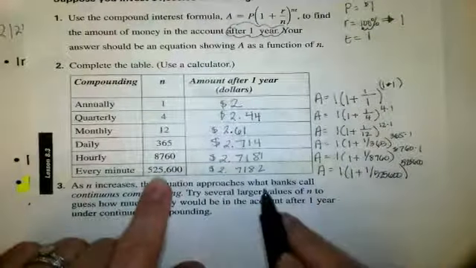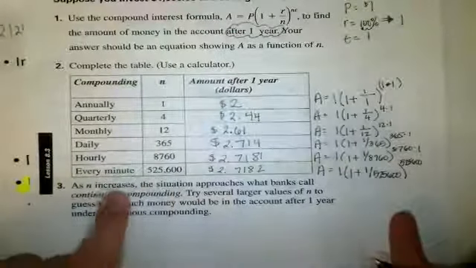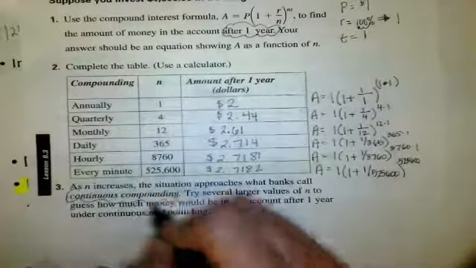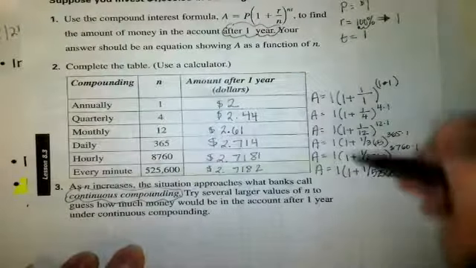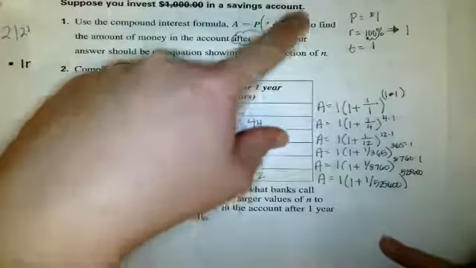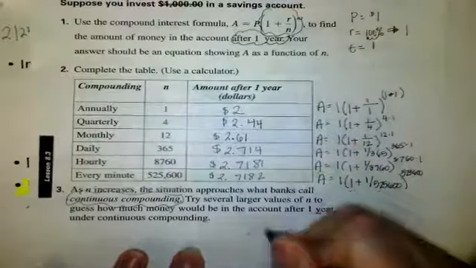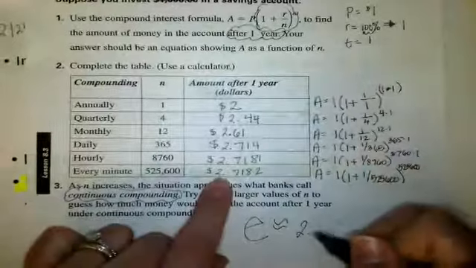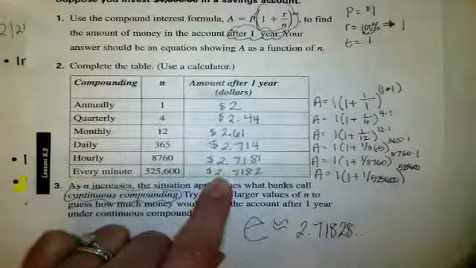As we compound more and more frequently, as n increases, the situation approaches what banks call continuous compounding. And as we do that, most of this formula transforms into what we call the number e. e is 2.7182. It goes on forever and ever.